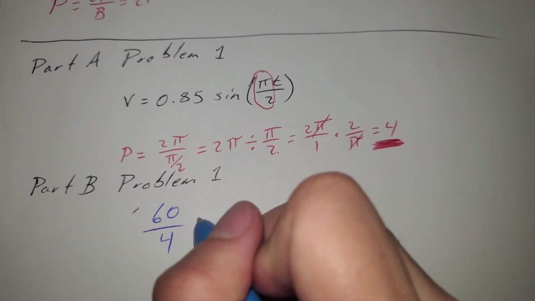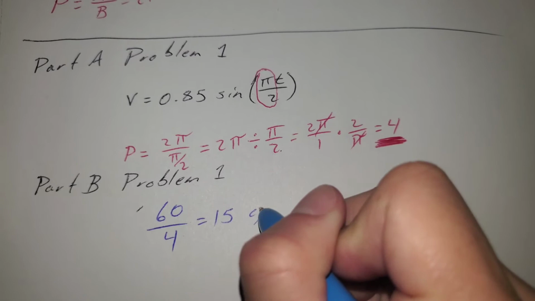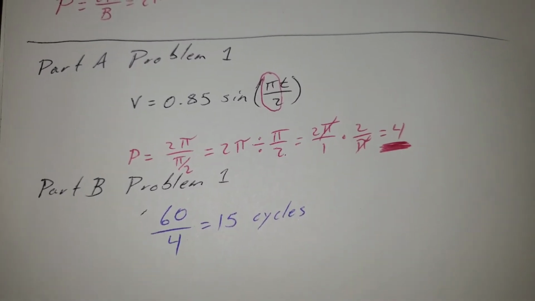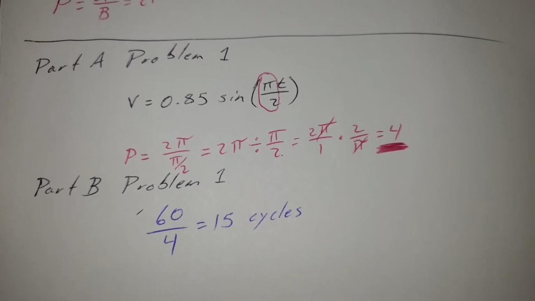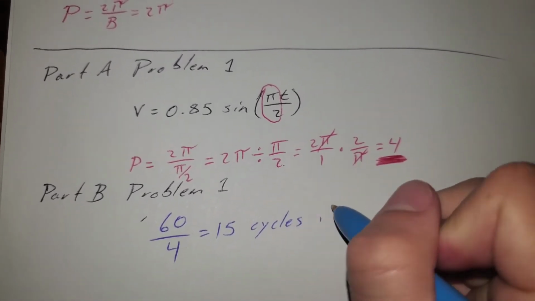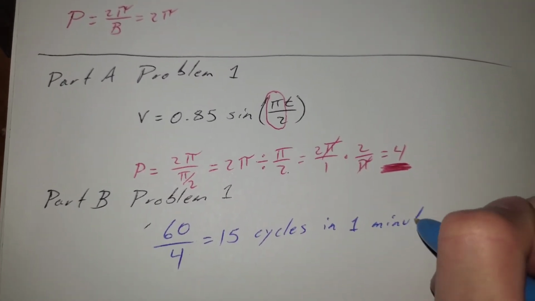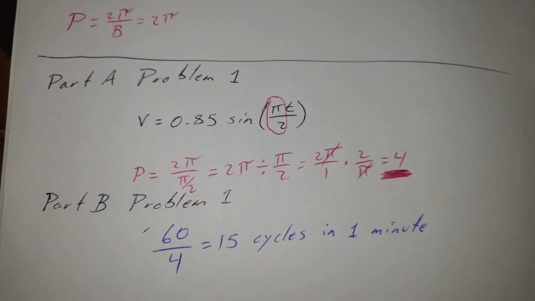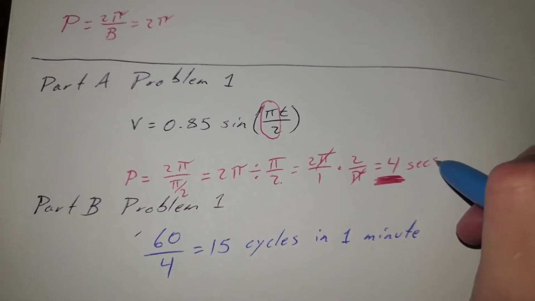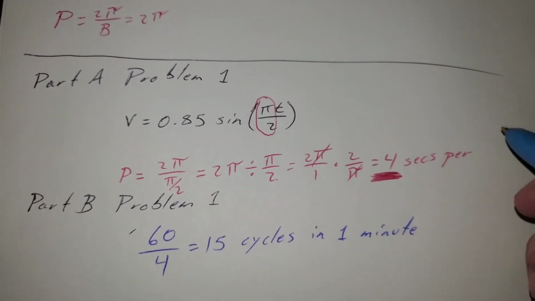Yep, it's 15 respiratory cycles in 1 minute. Here we have 4 seconds per cycle.